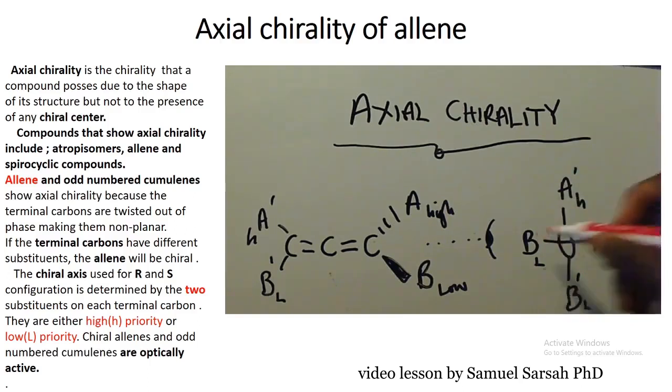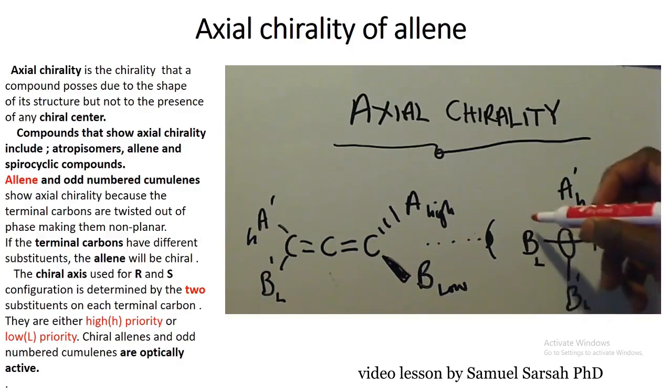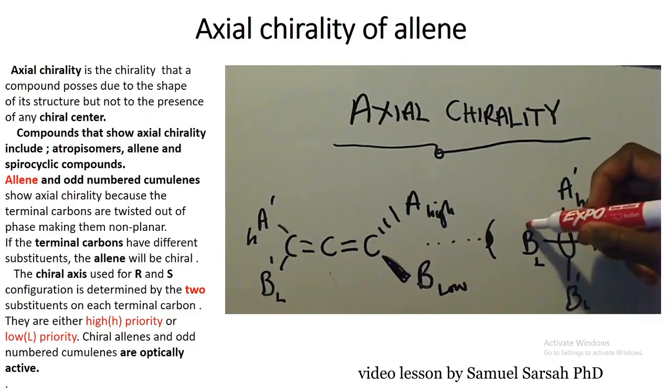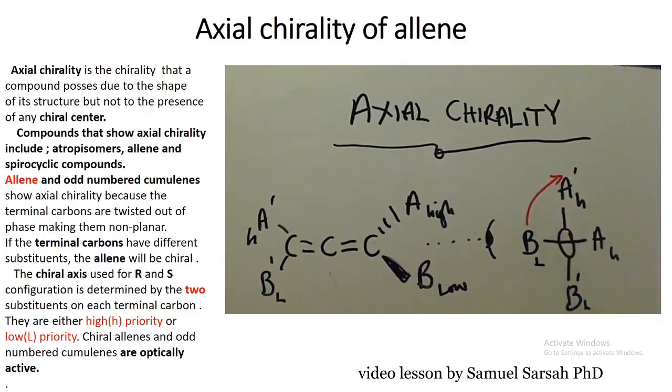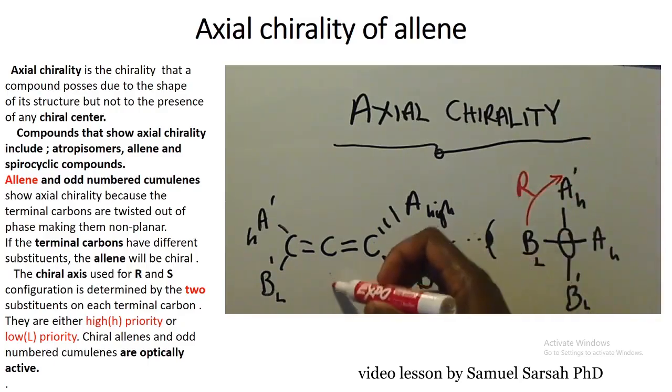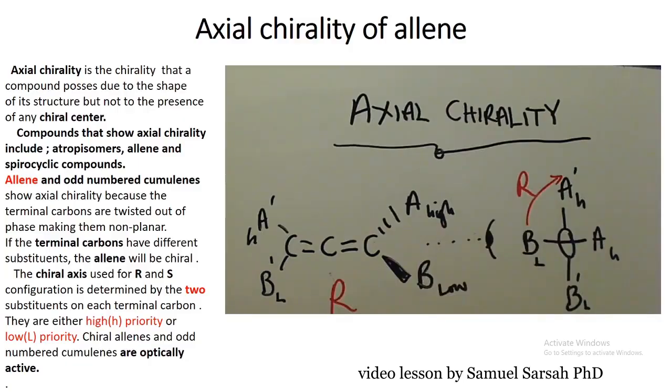From the horizontal substituents pointing in and out, I saw that B is lower priority, and from the vertical substituents pointing up and down, I saw that A prime is higher priority. So I have to go from the lowest towards the highest. In this situation, I'm going clockwise. So this will be R, and therefore this is an R isomer.